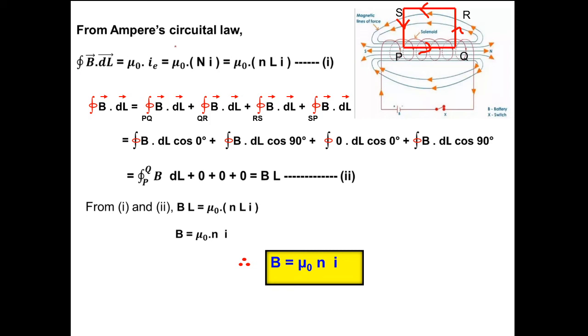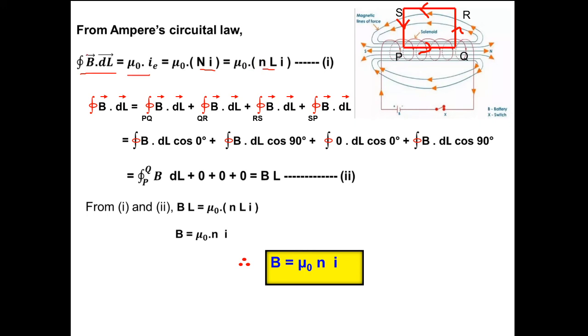So from the Ampere circuital law, line integral B dot dl equals mu naught times the current enclosed, and the total current enclosed is NI, where N, the total number of turns, equals the number of turns per unit length into the length of the solenoid, so nL.